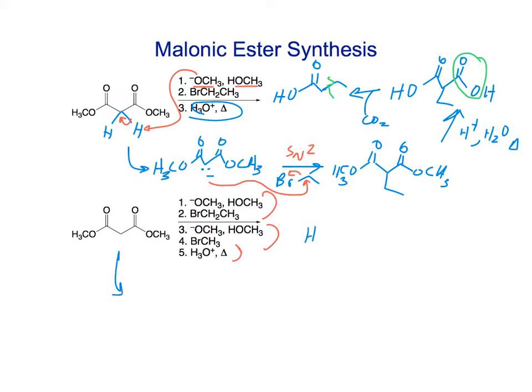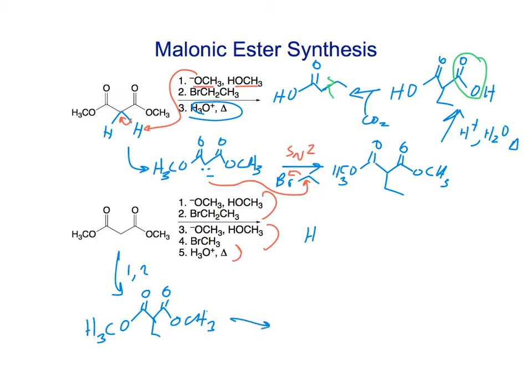Here, let's go down this way. So after steps 1 and 2, we have added an ethyl group. So this is just like we did right up above there, right?